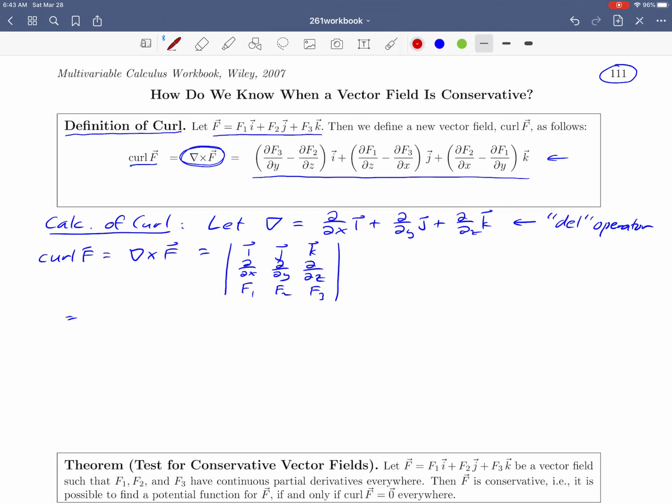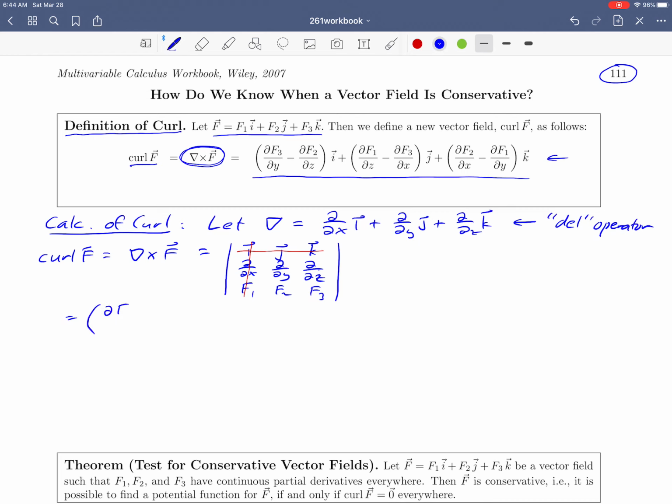What would this look like if we expanded it out? Well, let's just do an ordinary determinant here. We'd start by crossing out the first row and the first column, and we would get partial y times f3, and I'm putting times in quotation marks because it's really not multiplication that we're doing.